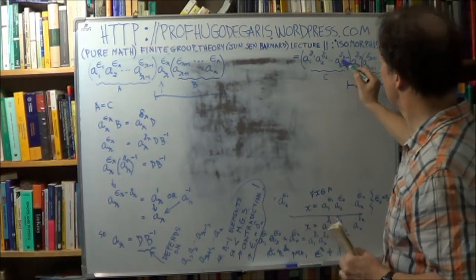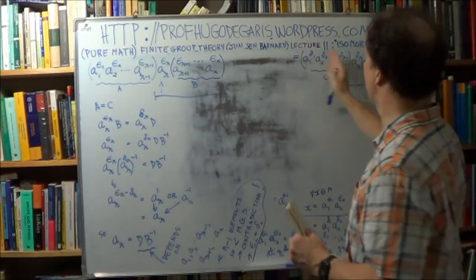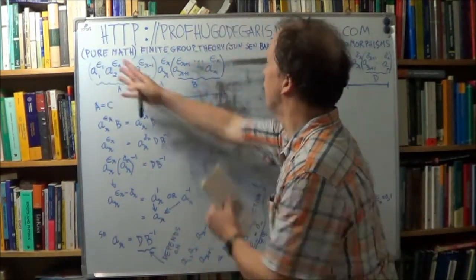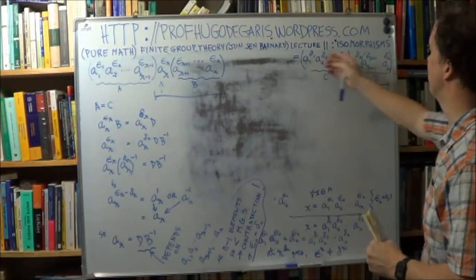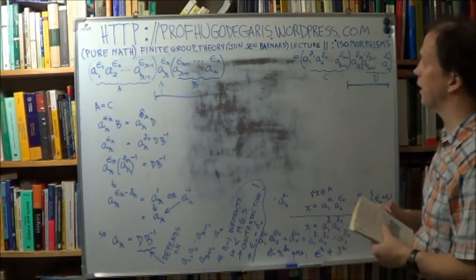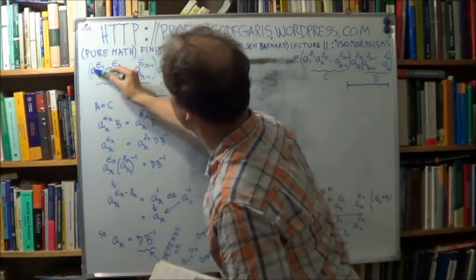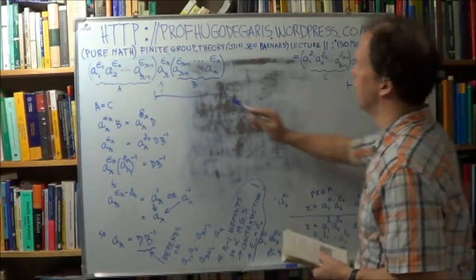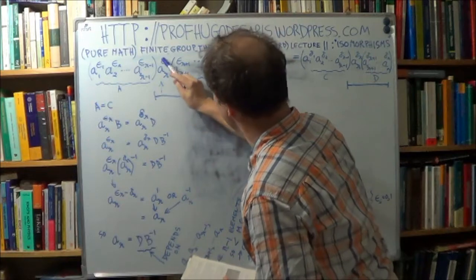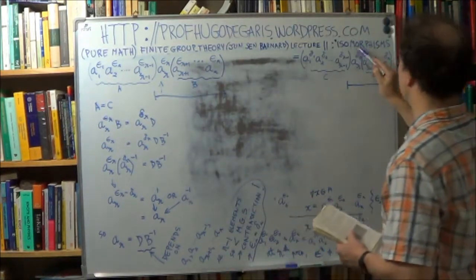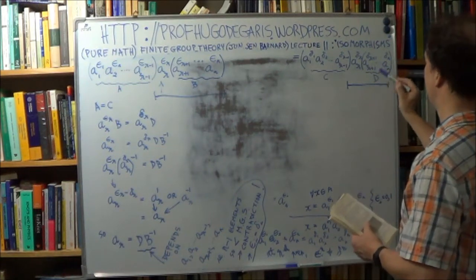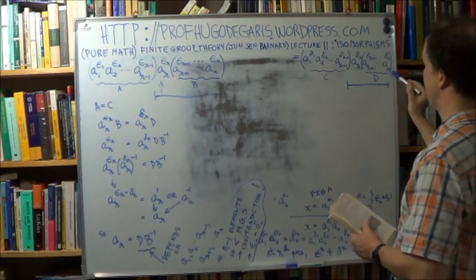Because we cut that out. That is equal to that, but the whole thing, all three parts, is equal to all these three parts. We can cut that off, and that just leaves this part. So this times B, that times B, is equal to this times D. This is D here. Okay.